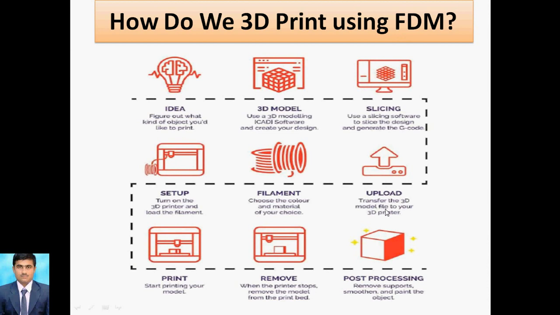Then we start the print, and after that we remove the model from the printer, then remove the supports and smoothen and paint the object. So this is the scenario for 3D printing using FDM.